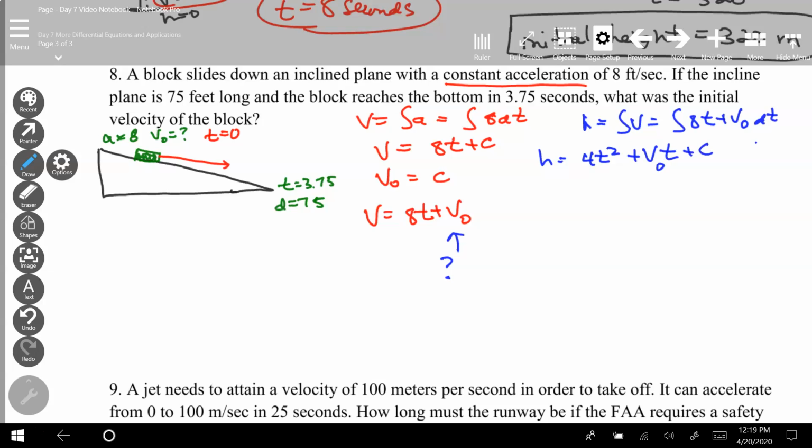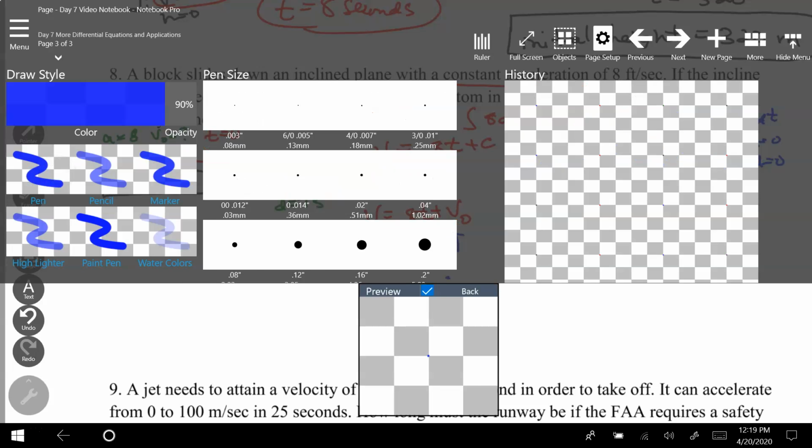Well, at t equals 0, my distance, or my height, or whatever you want to call it, is equal to 0. It's called distance. So that means my c is just going to be equal to 0. I think I've shown that enough.